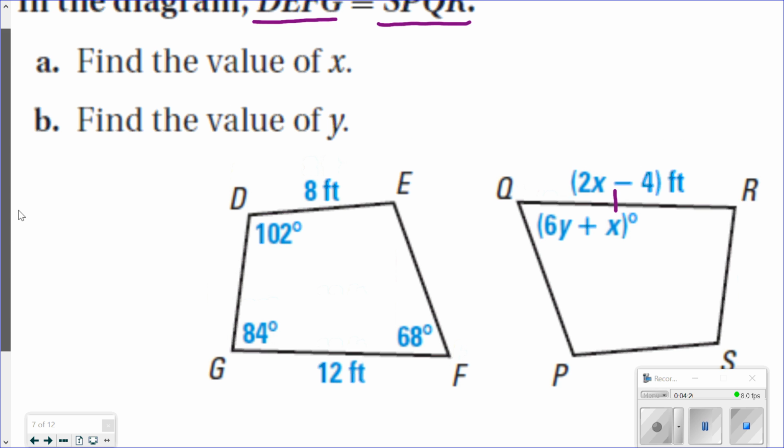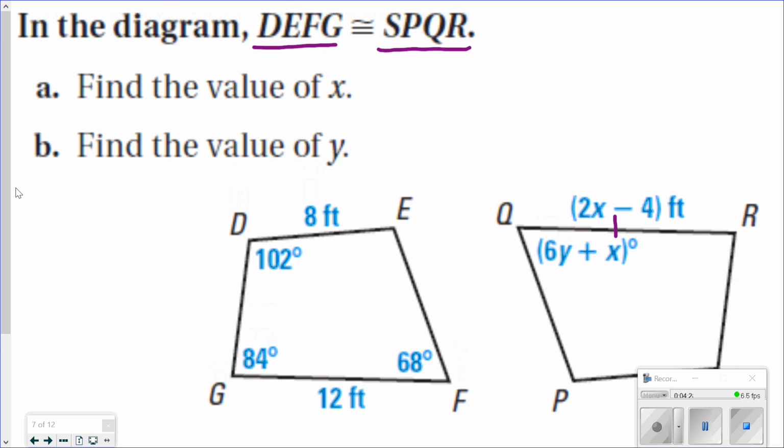And you actually can look at our original statement here. QR is the last two letters here. I can circle them. And if I look at the last two letters in this first section, I have FG. Those line segments then are congruent. And if you look at the picture, you can see that those are the same side lengths.